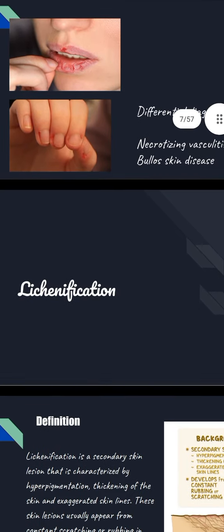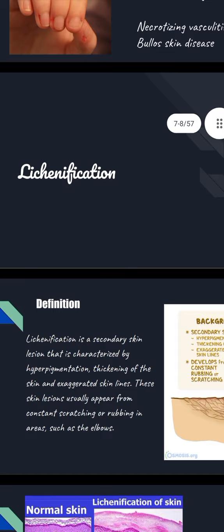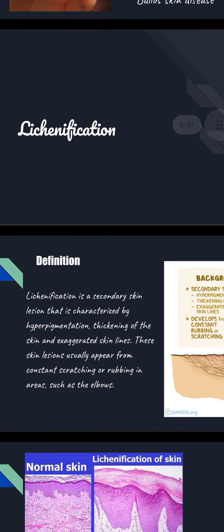Number 2, lichenification. Definition: lichenification is a secondary skin lesion that is characterized by hyperpigmentation, thickening of the skin, and exaggerated skin lines. These skin lesions usually appear from constant scratching or rubbing in areas such as the elbow.